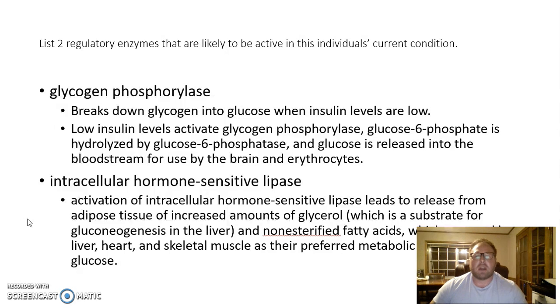And then two regulatory enzymes that could be activated with diabetes. Type 1 diabetes, I'm speaking to particularly because there's a lack of insulin.